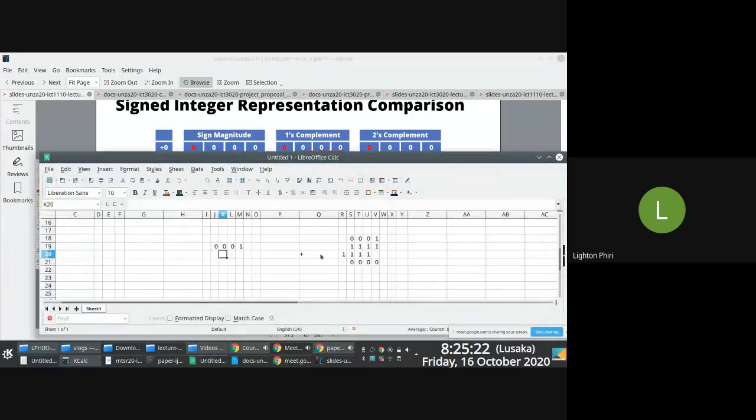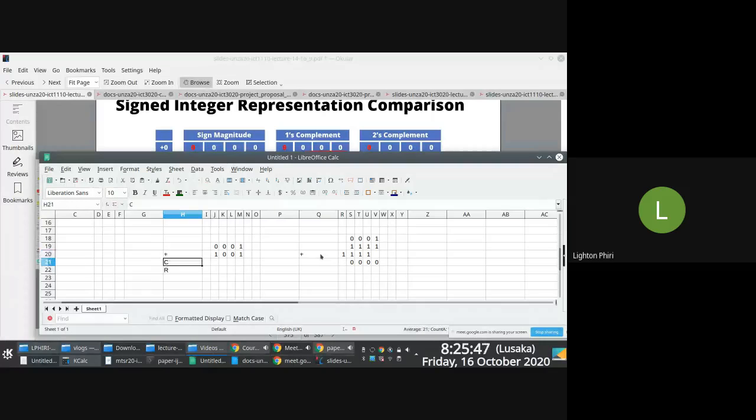This is an addition operation, obviously. This is going to be our carry bit.